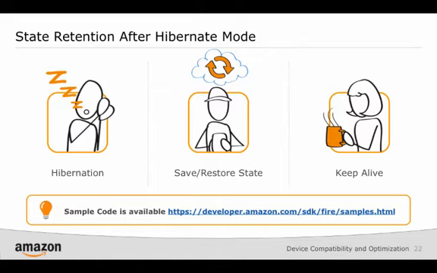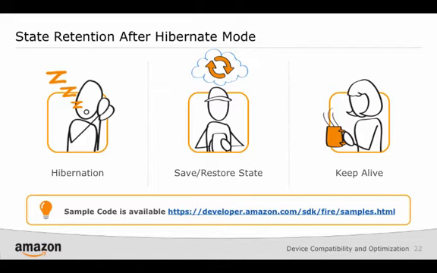This can be done by overriding your activity's onPause and onResume methods, and implementing logic to save and restore state. To keep your app alive during hibernation, utilize the Android Power Manager and Wi-Fi Manager class to obtain a partial wake lock and a Wi-Fi lock.